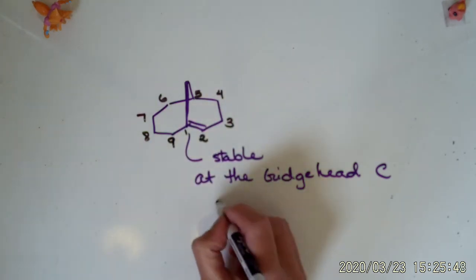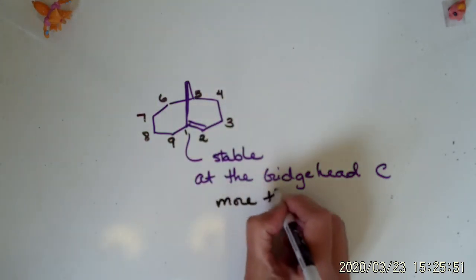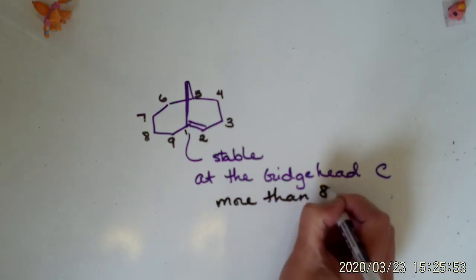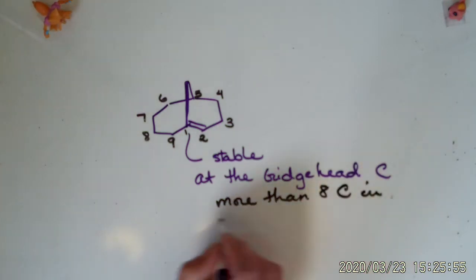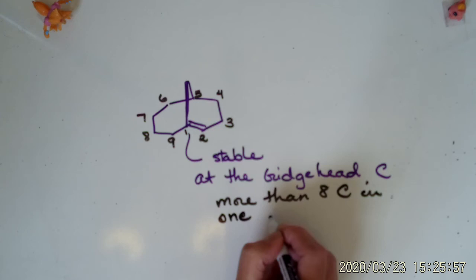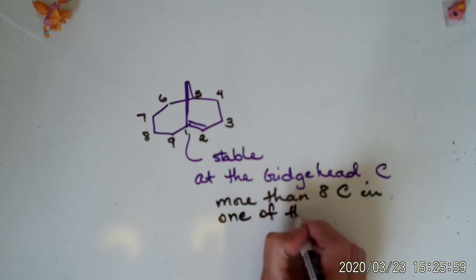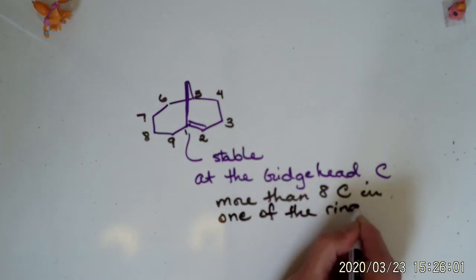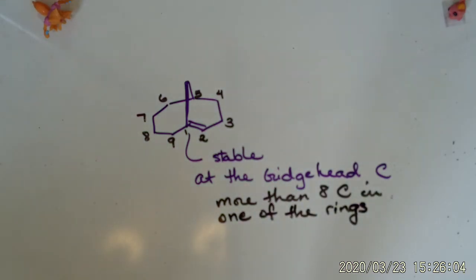So I have more than 8 carbons in one of the rings. Because of that, the larger size ring allows you to have a stable double bond at the bridgehead carbon.